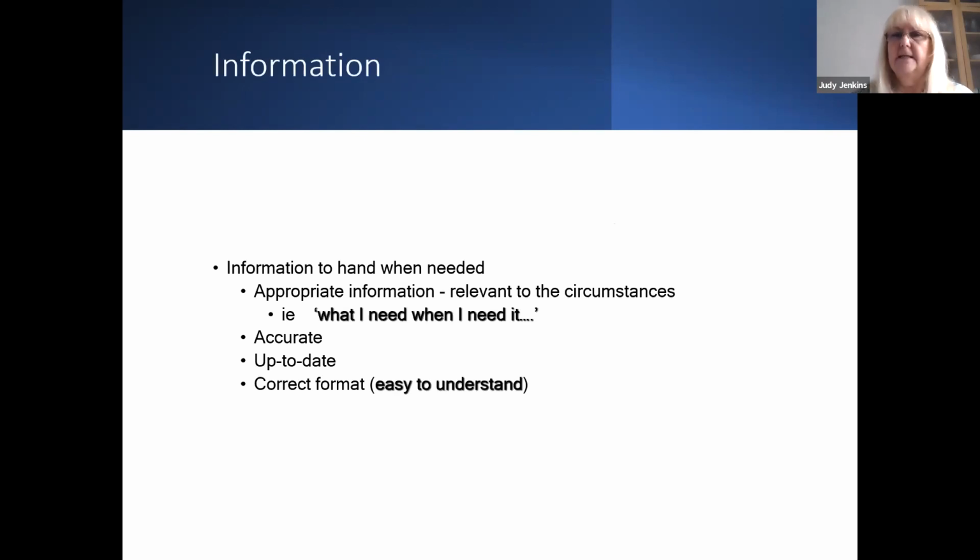But informatics is all about having information, as we've said. It's the information to hand when you need it, the right information at the right time. But that information needs to be accurate, up to date, and in the correct format. In other words, it's easy to understand. Now, one of the downsides of paper-based records is that very often they're not accurate, they're not up to date.